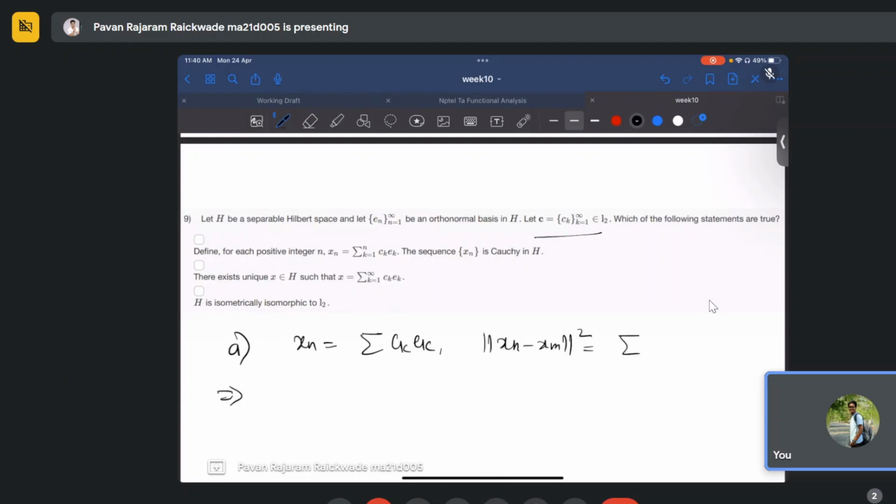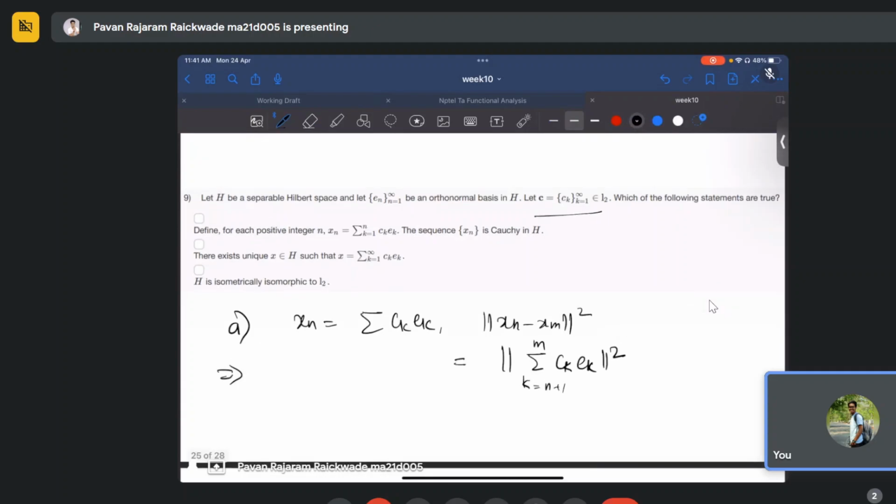So this is modulus of c_k. What is this? This is the norm of the summation of c_k e_k, where k goes from n plus 1 to m.